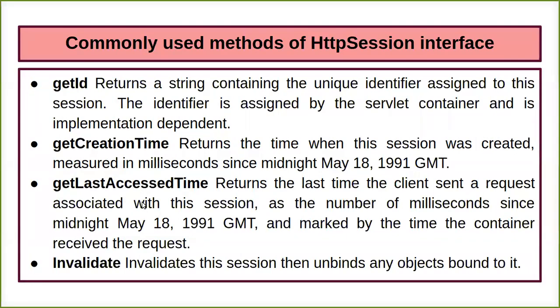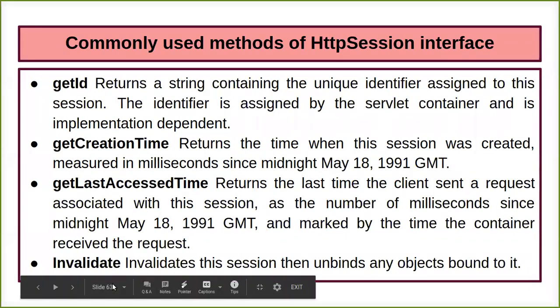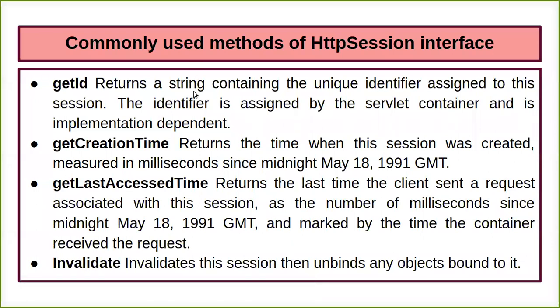Then we have invalidate, that is, you invalidate the session if any object is not binding or if it violates any policies of the session created for the client. It will just invalidate that session.